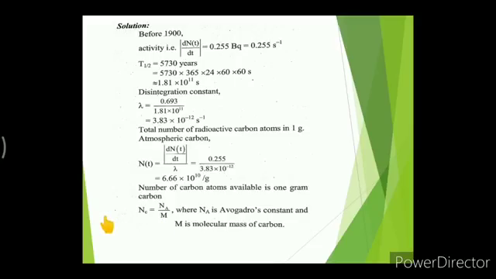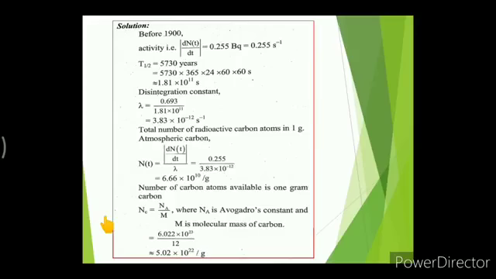And hence, by considering these values, we can get the number of carbon atoms available in 1 gram of carbon. As N_a is 6.022 into 10 raised to 23 and molecular mass M of the carbon is 12, we are getting the value of N_c as 5.02 into 10 raised to 22 per gram.